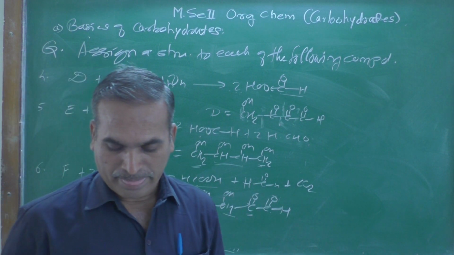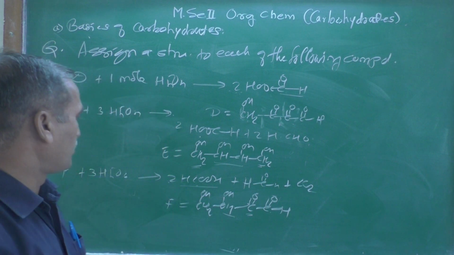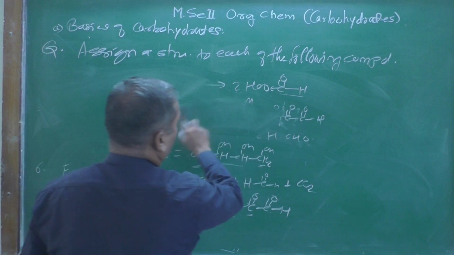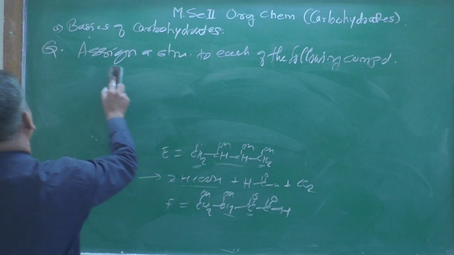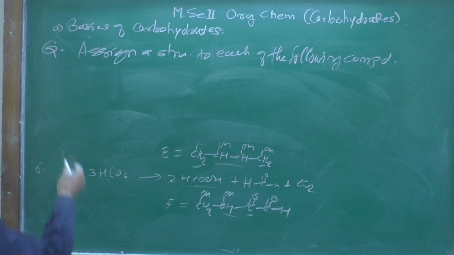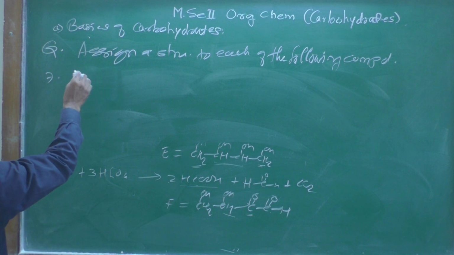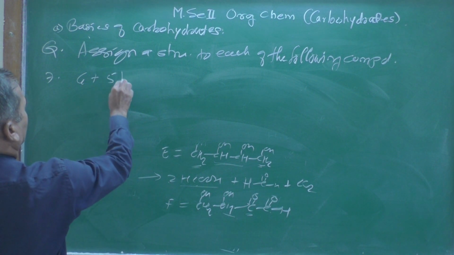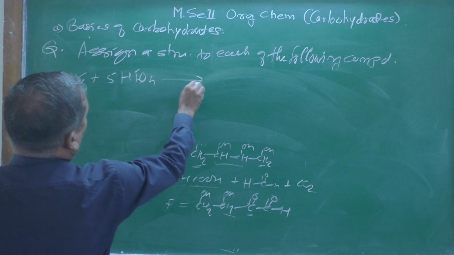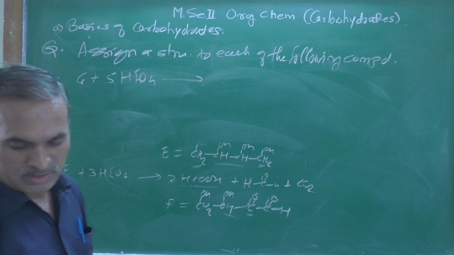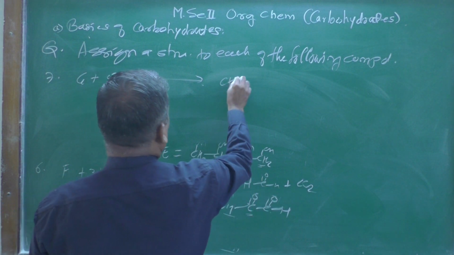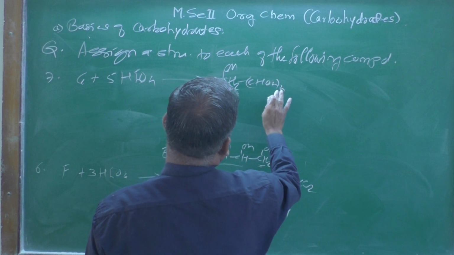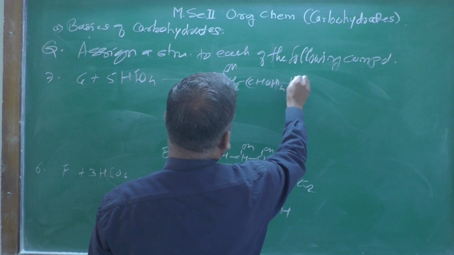And now finally, let us see one more example over here. From that you can easily find out this one. Let us see here number 7 is G, it consumes 5 moles of HIO4 and gives the molecule like this: CH2OH, then CHOH, 4 times C double bond OH.